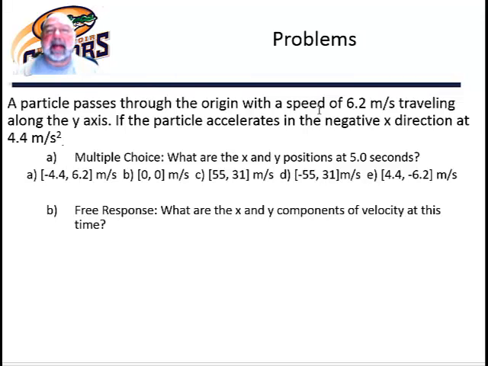Notice that it passes through the origin with a speed of 6.2 along the y-axis, and it's accelerating in the negative x direction. So figure out your initial conditions and then your final positions. And then you also find out your final velocities for both the x and the y axis. Good luck. We'll see you next time.